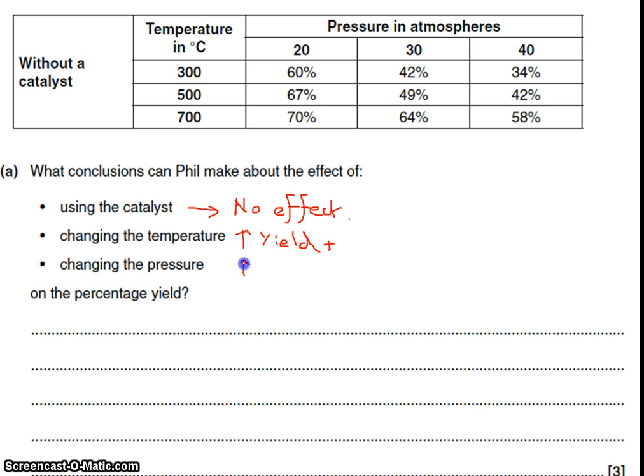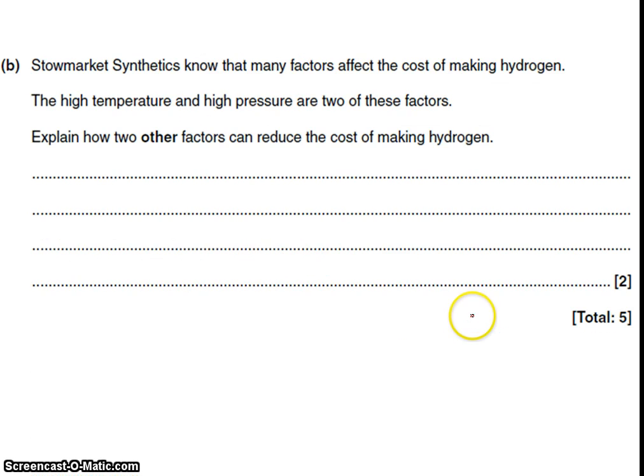As you increase the pressure, the yield will decrease. It will get less, and you can see that just by looking. If I increase the pressure going this way, I can see the yield reducing. And again, for the temperature one, I can see as I increase the temperature going down 300 to 500 to 700, I can see my yield increasing. 3 marks.